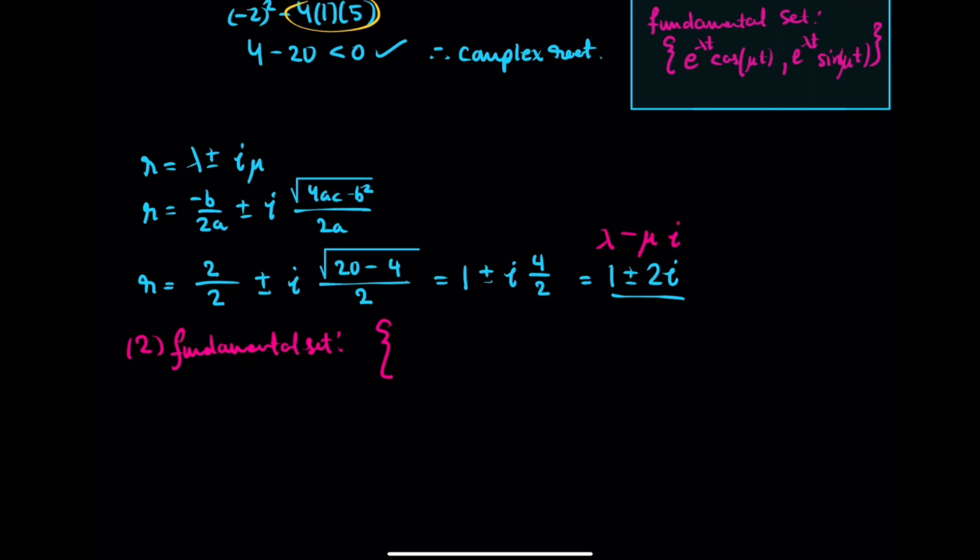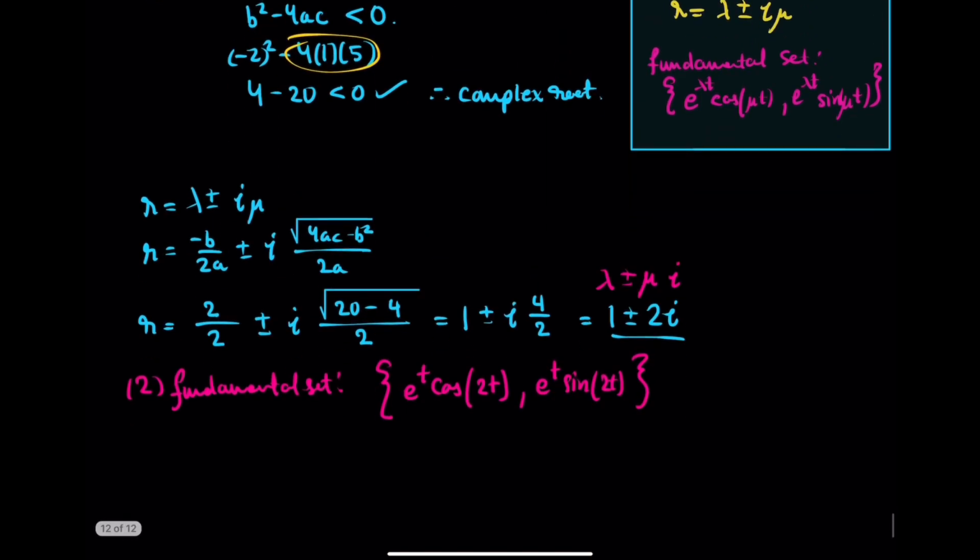Okay, so lambda is 1. So e to the t cosine, mu is 2, e to the t sine 2t, and that is your fundamental set of solutions. So this is your y1, and this is your y2.